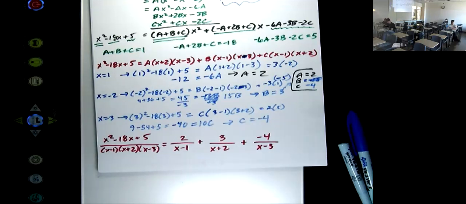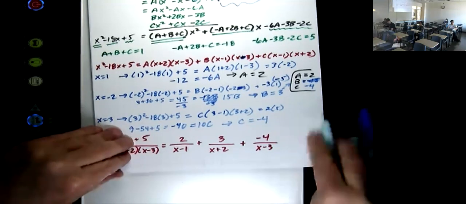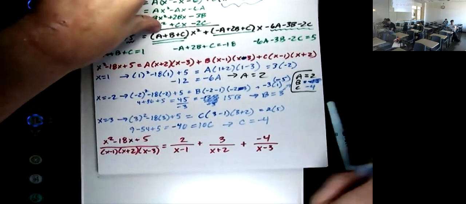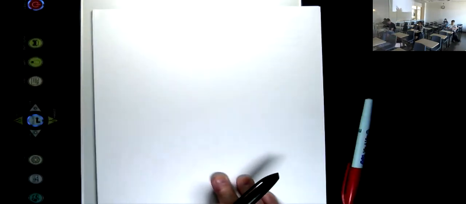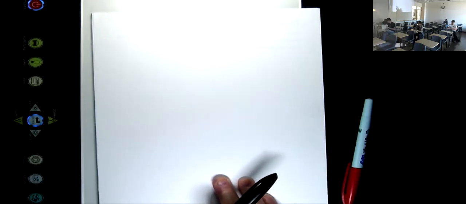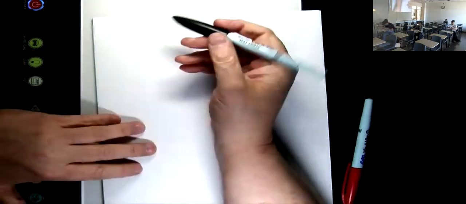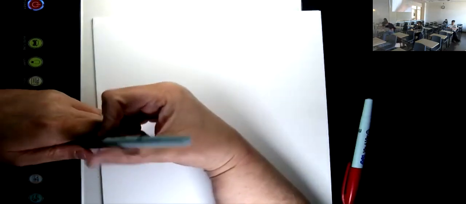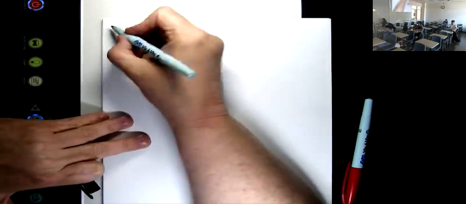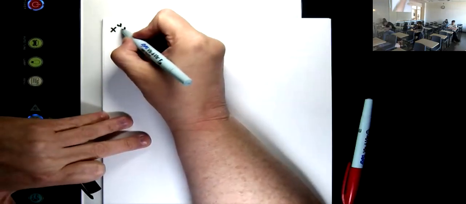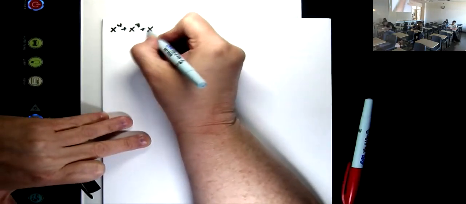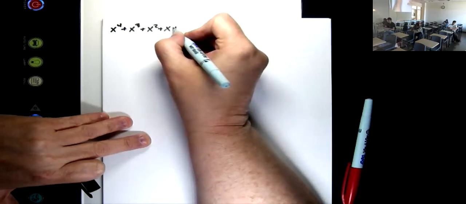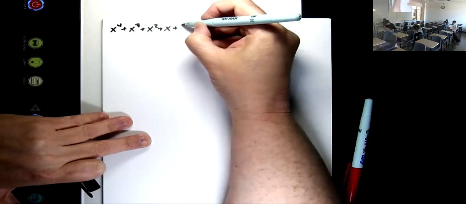Okay, let's do something like this. And I don't think I'll finish, but we'll look at the setup. I think the setup and finding fractions is the hardest part. Let's look at setting up x to the 4th plus x cubed plus x squared plus x plus 3.